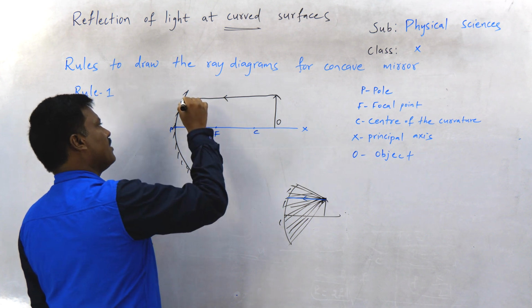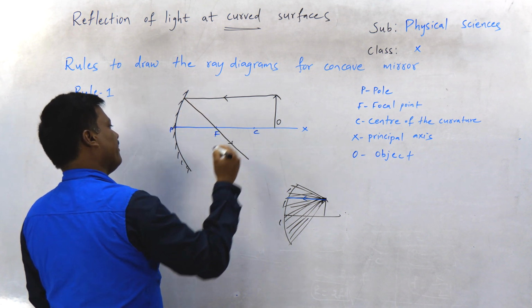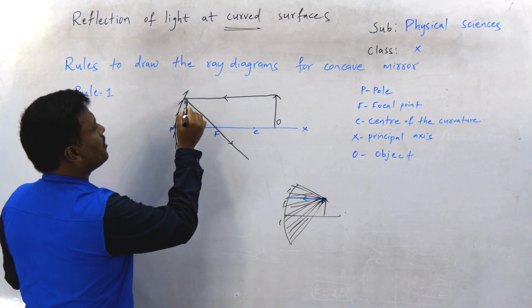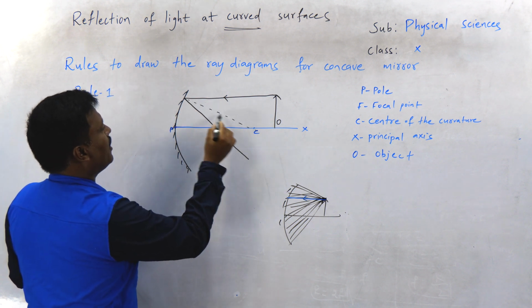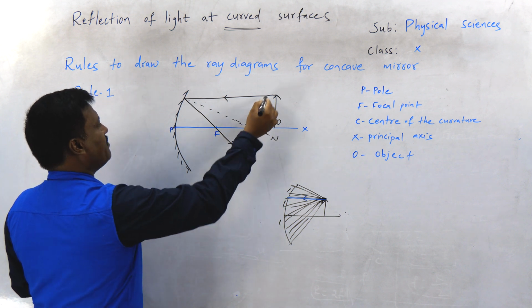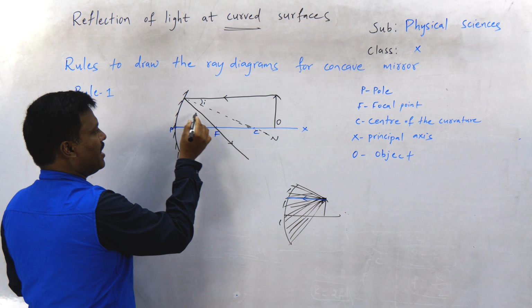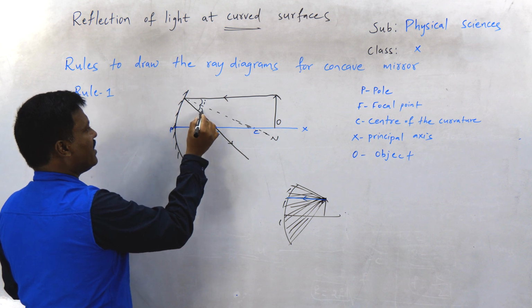After reflection, it passes through the focus. Why does it pass through the focus? Because if you draw the normal, which passes through the center of curvature, this is the normal. The angle between the incident ray and the normal is called the angle of incidence. The angle between the normal and the reflected ray is called the angle of reflection.